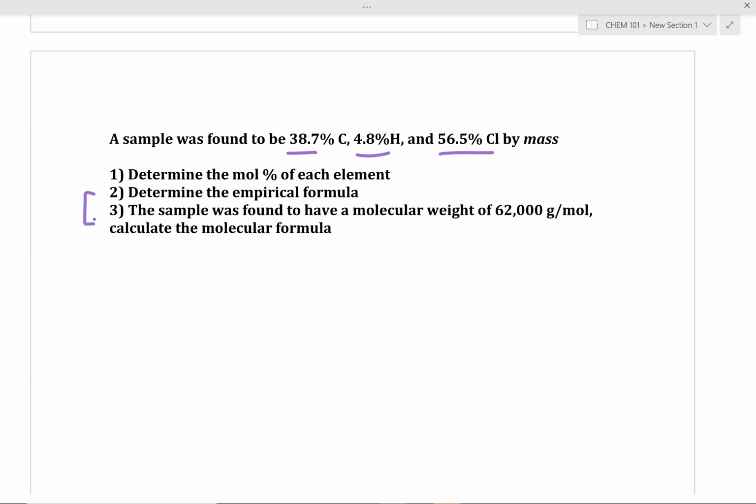Any questions so far? Okay. Any questions so far? Looks good. Yep, looks good.